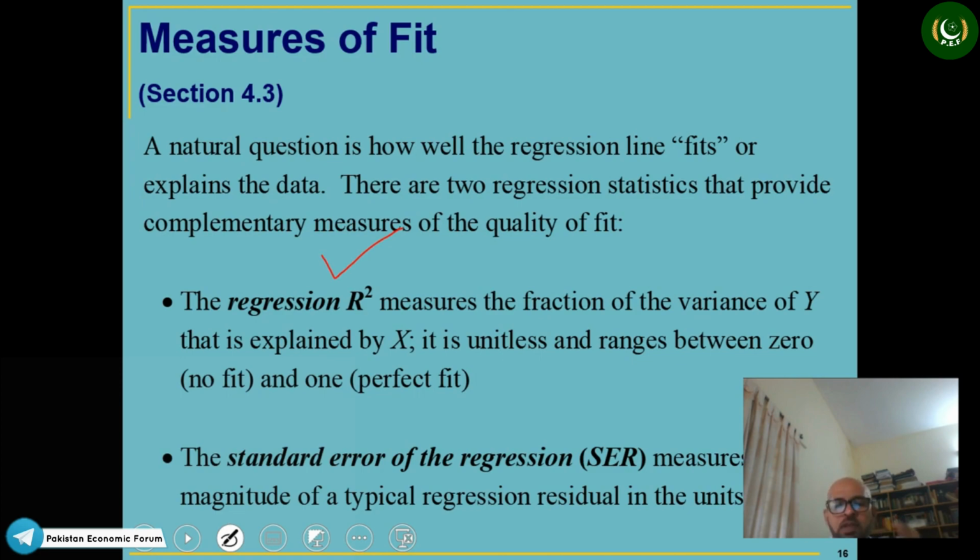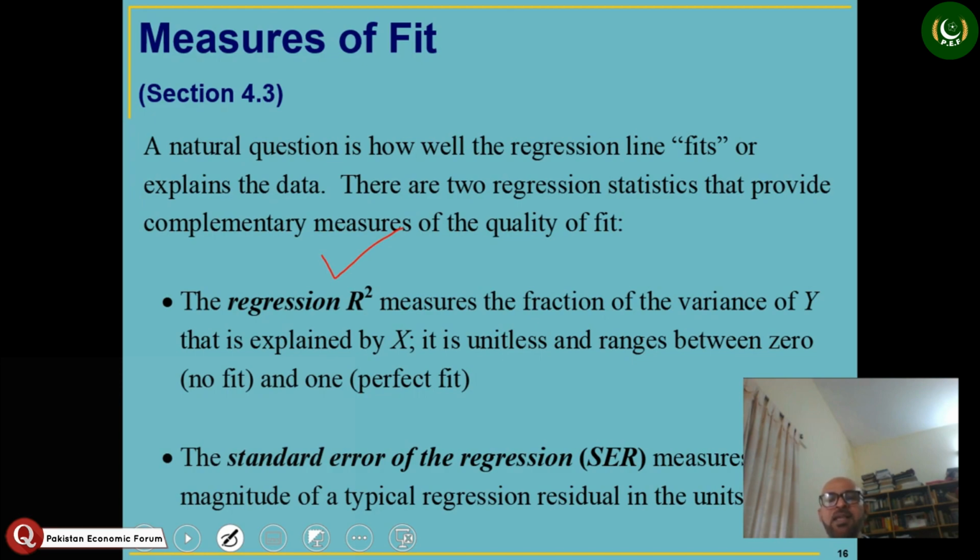But saying anything more than that about R square, be careful. We'll explain it in chapter 6, multiple linear regression. High R square or low R square doesn't mean much for us in the analysis when we are studying behavioral relationships, structural relationships among the variables.